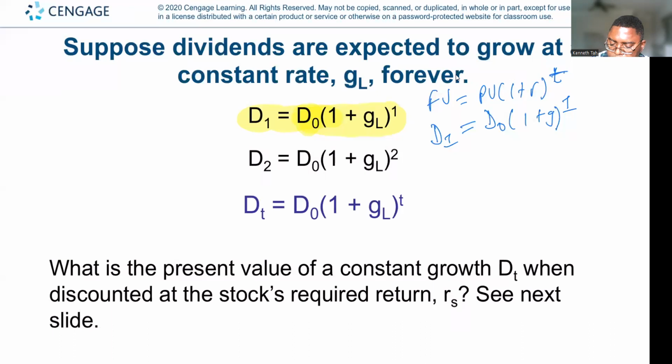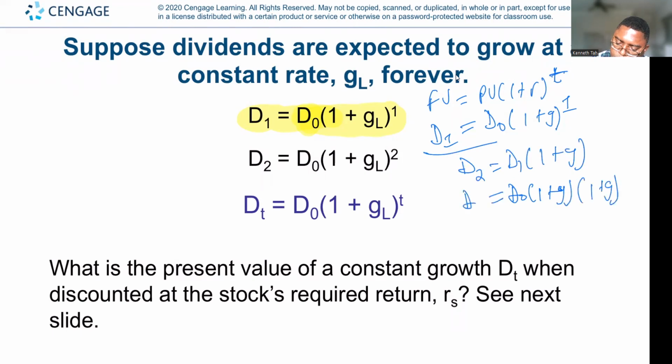Then we can get D2. D2 is going to be D1 times 1 plus G. We know that D1 is D0 times 1 plus G, and then we had 1 plus G before.